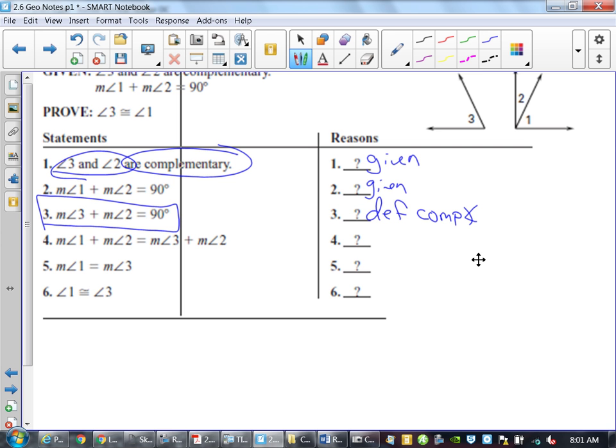Again, notice you have two things that are equal to the same thing. Last time I checked, 90 equals 90, correct? I think so too. These two things are equal to the same thing, which means they have to be equal to each other. So in order to do that, it was substitution.